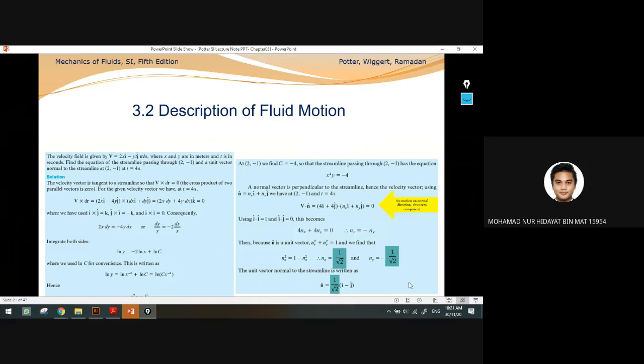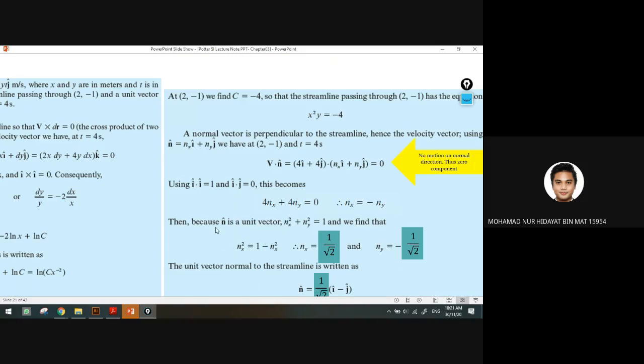Because n is a unit vector, remember, when it is a unit vector, the magnitude is 1. nx squared plus ny squared is equal to 1. This is the formula of a circle. Remember how to get the unit vector. I believe you learned from secondary school how to get the unit vector.